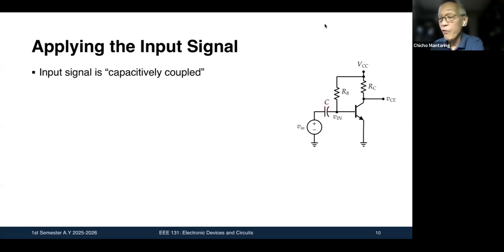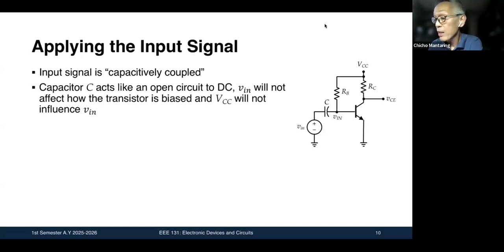What is the characteristic of a capacitor that makes it possible to do this? It acts like an open circuit to DC. Therefore, this will not affect the DC currents that flow here. Vin will not affect how the transistor is biased. On the other hand, VCC will not find its way into Vin and will not influence Vin.